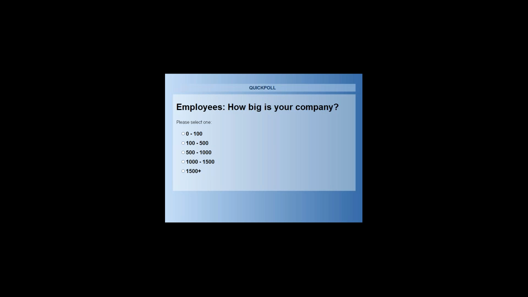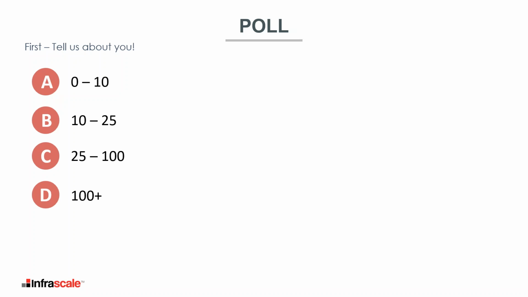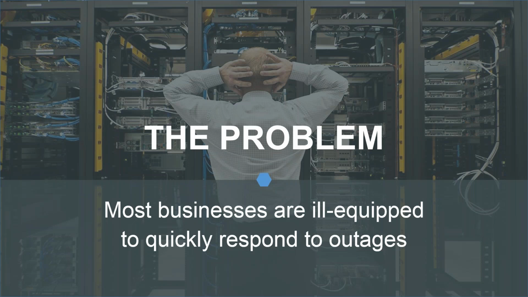It looks like just about everyone has voted. Thank you all for your participation. Let me go ahead and close this poll down so that we can jump back in. Okay, great. Thank you all for your participation with that. Much appreciated.